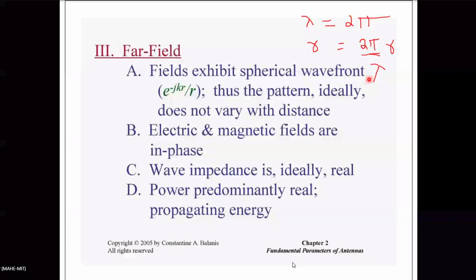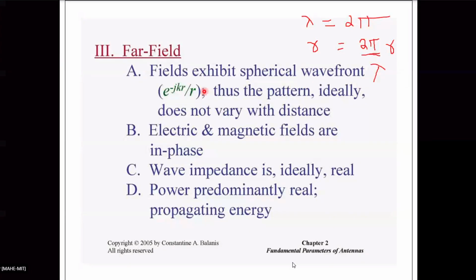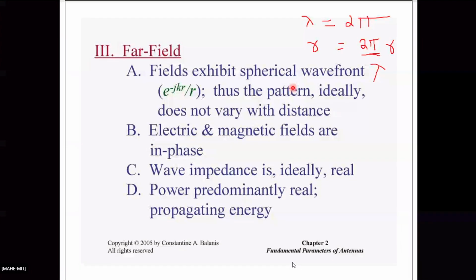You have studied wave propagation in the last class, EMW. Okay. So here, is the electric field a function of only theta and phi? No, it is a function of theta and phi, but also r. Now, what is the variation with respect to r? Variation with respect to r is e raised to the power of minus jkr by r.